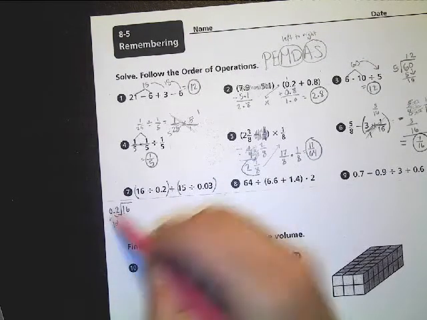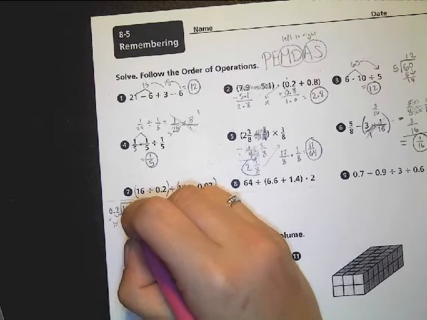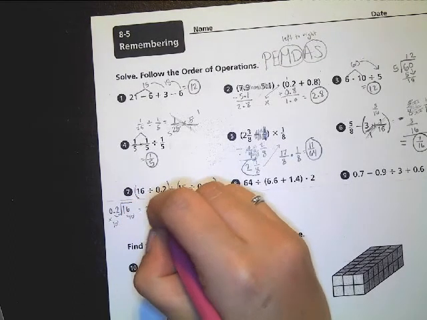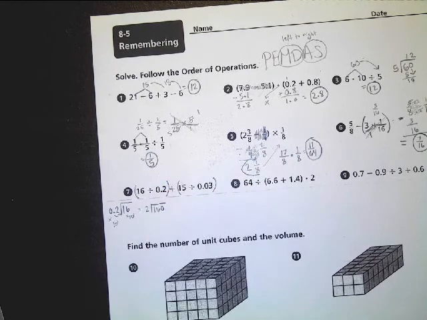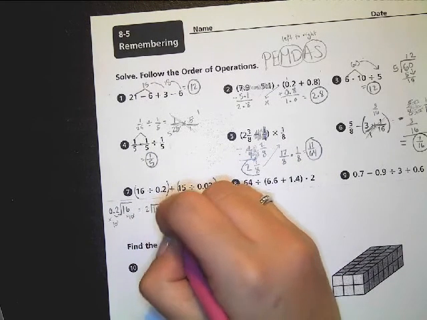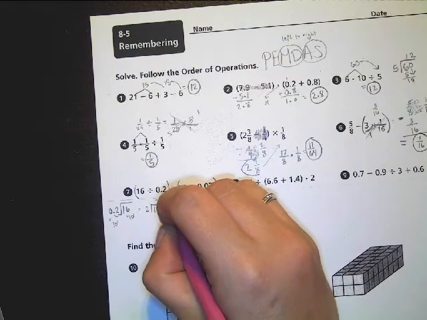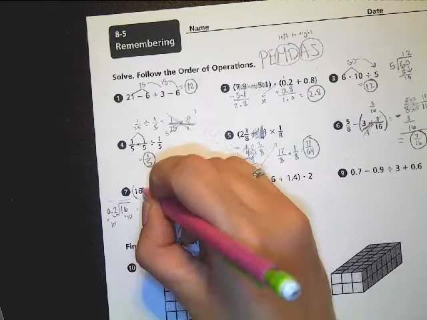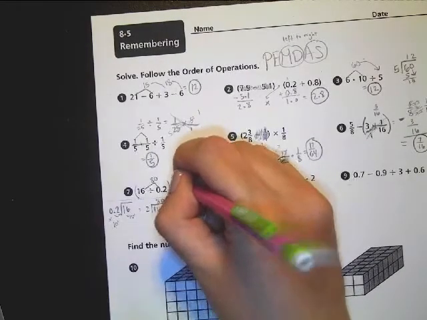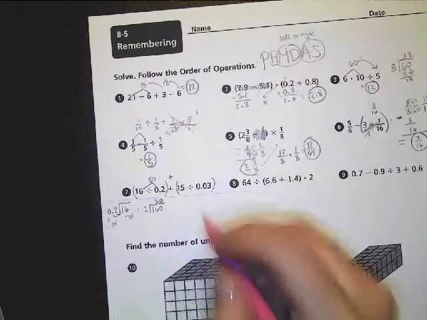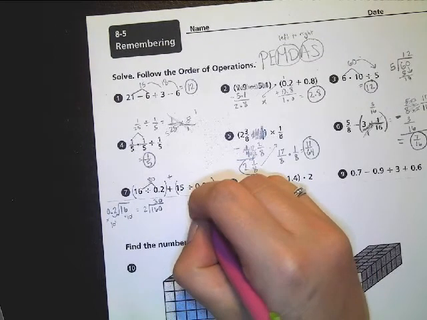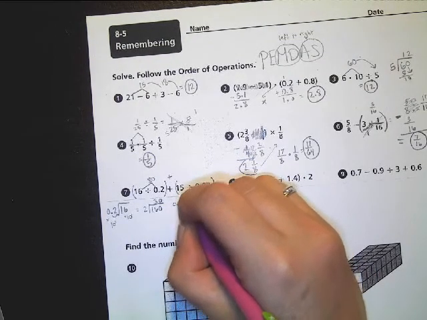You can't leave a decimal in the divisor, so you have to multiply it by 10 to the first power. When I multiply this one by 10 to the first power, I also have to multiply 16 by 10 to the first power. So I end up getting a 2 as the divisor and a 160, because 16 times 10 is 160. And then 2 goes into 16 8 times, so it's 80. So this was 80.